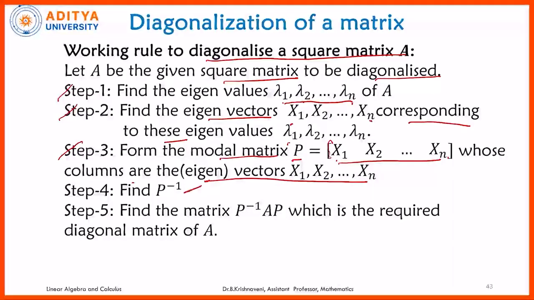Then find P inverse. Finally, find P inverse AP, which gives the required diagonal matrix of A. That is, P inverse AP is equal to D. So, this is the way to find the diagonal matrix using this transformation.